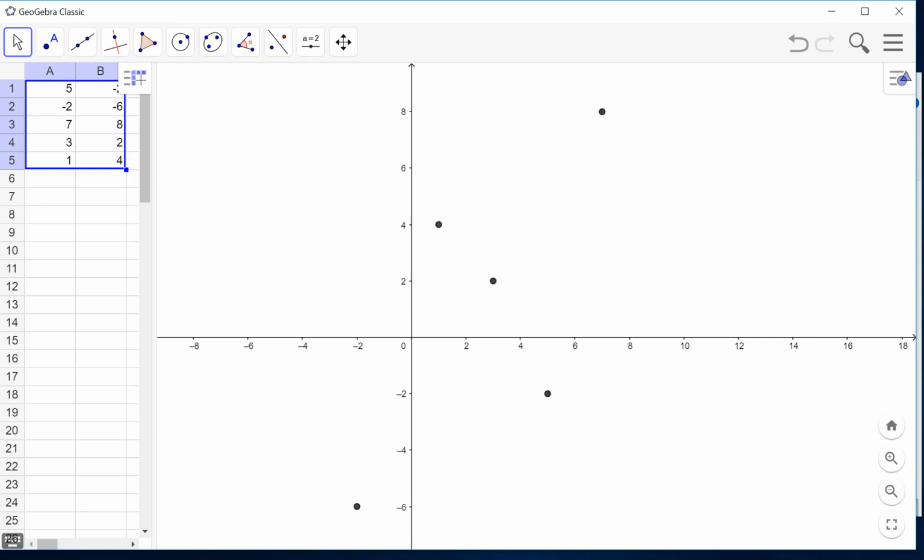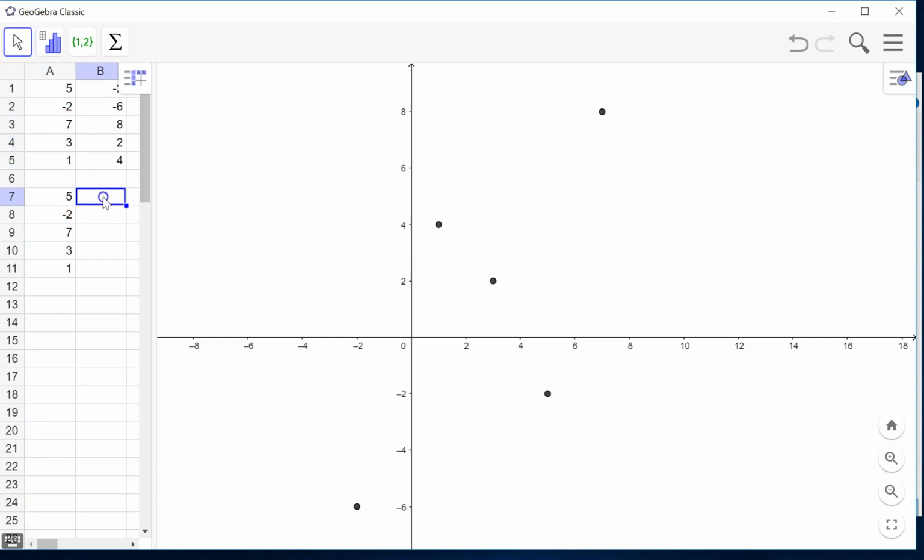So I'll just type that here in GeoGebra as well. I'll just copy these values down so I don't have to retype them because I'm lazy. And then I'll put in 1s here. And we'll try this again.